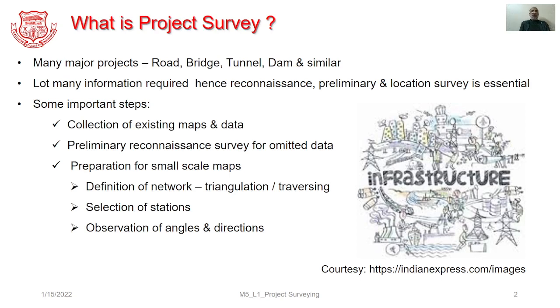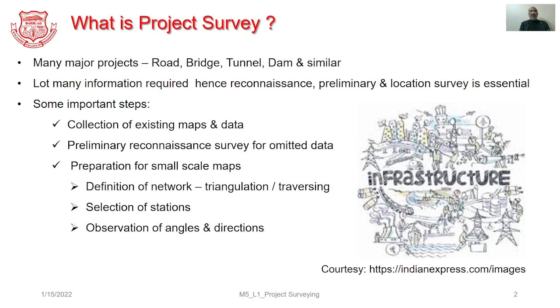Now, as you know, the stations are signifying points. These are major nodal points which are establishing the control on the particular engineering project. Their selection is a very important task, as a particular engineering project will be having some alignment.